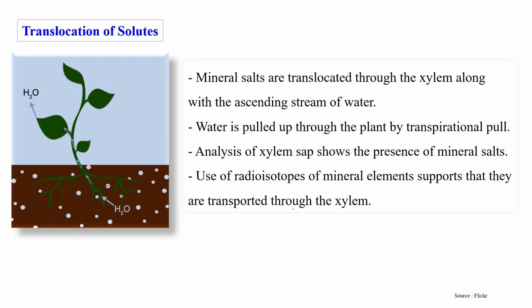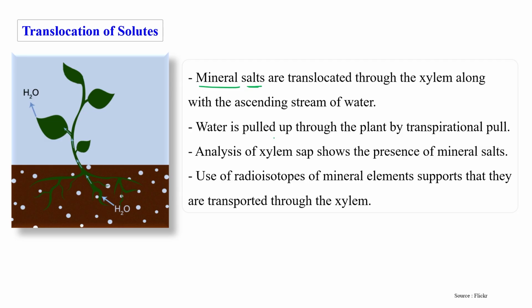Now, translocation of solute. As you know, mineral salts are translocated through the xylem along with the ascending stream of water. Through root hairs, the root absorbs water from the soil and sends it through xylem vessels to other parts of the body where it is required. That's why transpiration pull occurs.